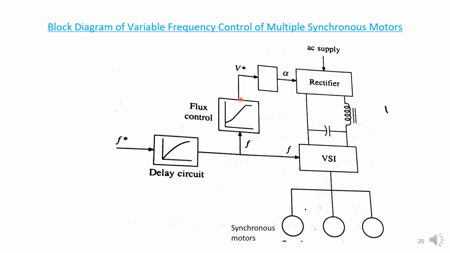The flux control will be controlling the voltage based on whether it is above the base speed or below the base speed, and this firing angle will decide what average value of voltage should be produced at the input of the VSI, and the VSI will be controlling the synchronous motors here.